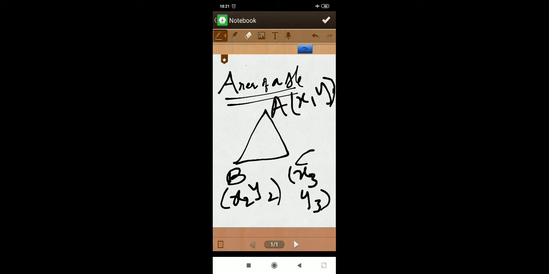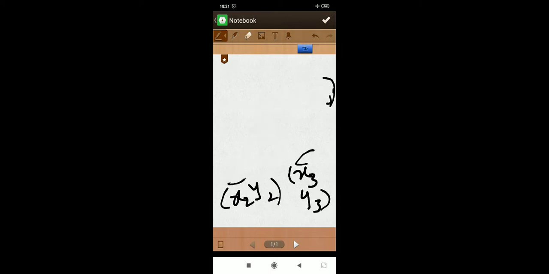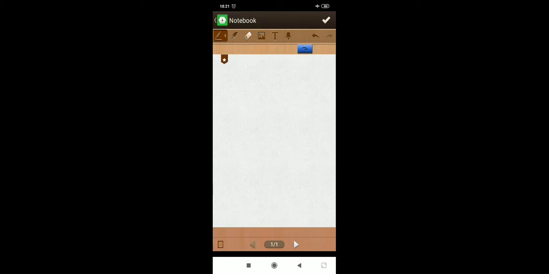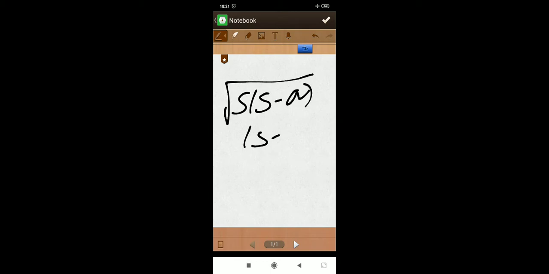Remember, in our plane geometry we have area of a triangle as half into base into height, or we know Heron's formula, root of s into s minus a into s minus b into s minus c, where s is the semi perimeter.